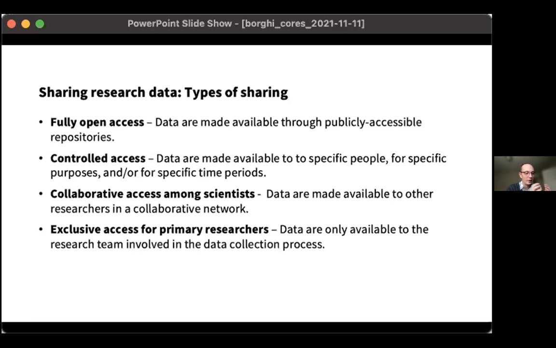More on the closed side, but not totally there, is this idea of sharing with your lab or your research group. And there's a lot of different dimensions to this as well. Not just the degree of who's being shared with, but also the degree of what you're allowing folks to do with the research, when you're sharing, how you're sharing.